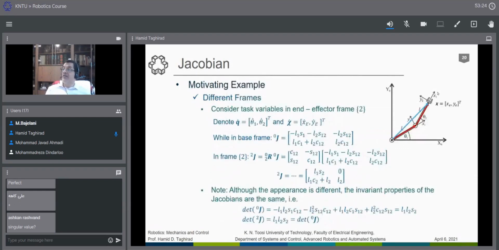The velocity of these two in frame 2, representing x dot e and y dot in frame 2, would naturally, without any further manipulation, give us this Jacobian in frame 2. And we could understand some physical properties of the robot by these two.